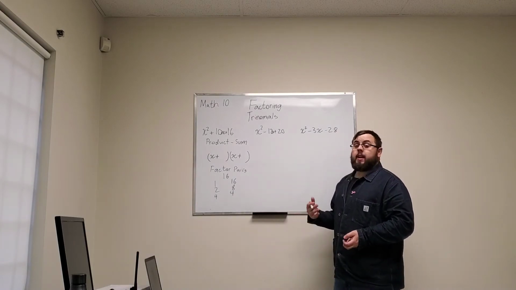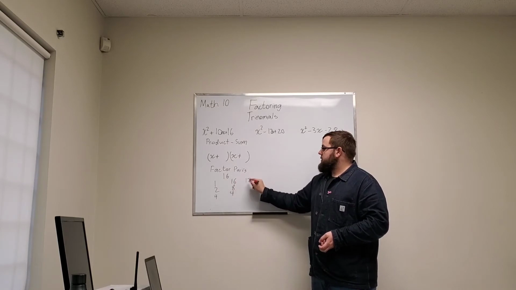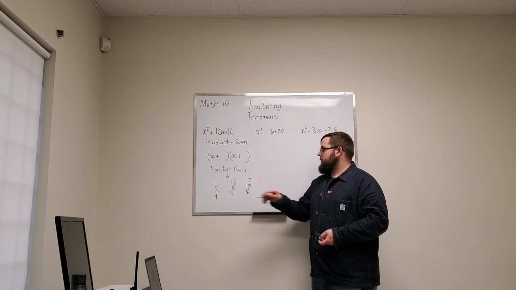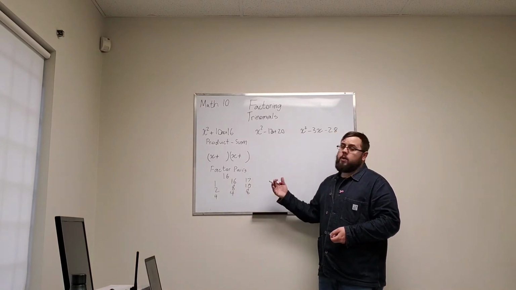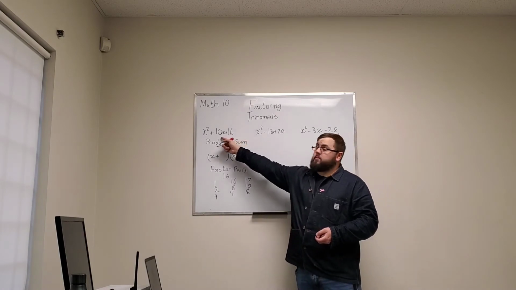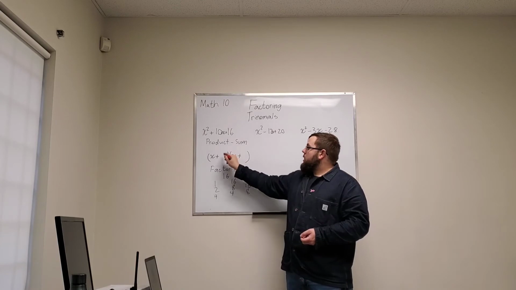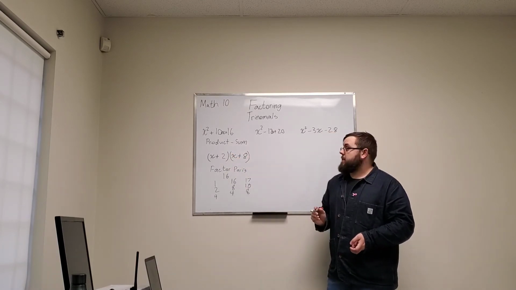So now let's just check and see what they add up to. 1 plus 16 is 17, 2 plus 8 is 10, and 4 plus 4 is 8. So again, all of these numbers we know multiply into 16. Now we just need to find the number that adds up to 10, which you can see is the second row here. So x plus 2 times x plus 8.